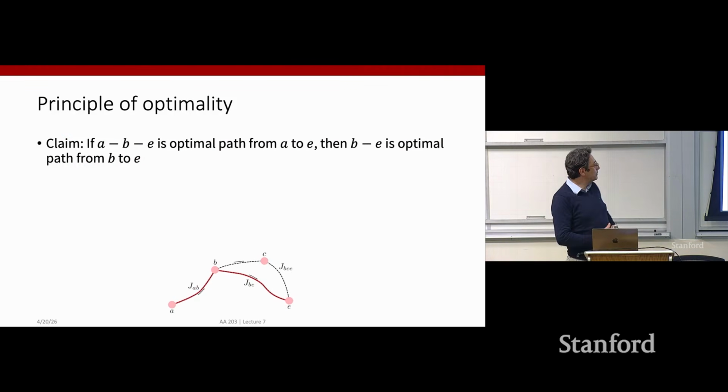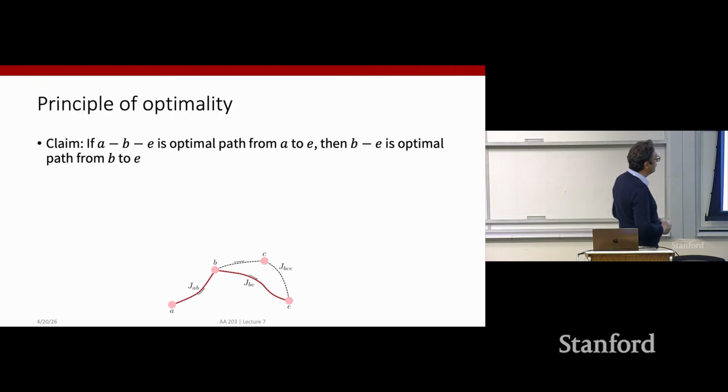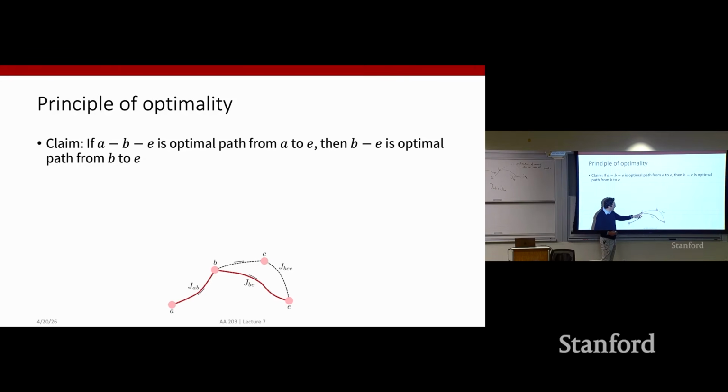So what the principle of optimality is saying is that if the red highlighted path, where first we go to B, and then we go to E along this red highlighted path, is optimal to go from A to E, then the tail of it is optimal for the truncated problem. So if I were to reformulate the problem, now starting from B. Now you should say, well, that sounds obvious.